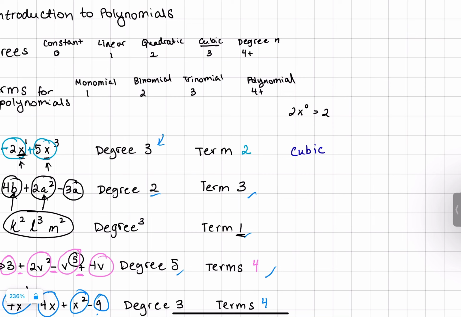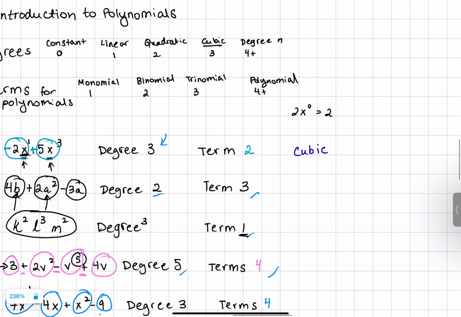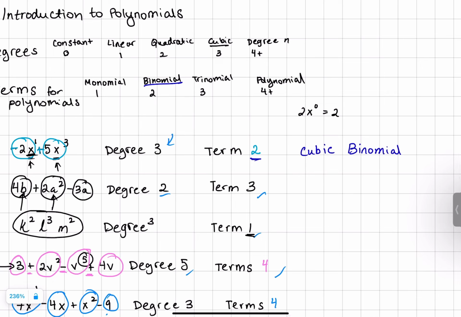Then we'd say the term, so it has 2 terms, which is binomial, so it would be cubic binomial. The second one has a degree of 2, so it's quadratic. And it has 3 terms, so it would be trinomial.